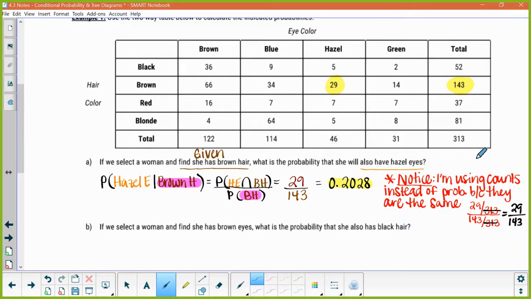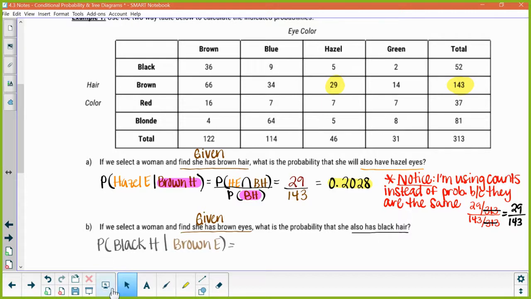So we have one conditional probability down. Now we're going to look at if we select a woman and find that she has brown eyes, what is the probability that she also has black hair? So we have a given statement. The given this time is that she has brown eyes, and we want to see if I change my sample space to be only women with brown eyes, what's the probability of me then selecting someone who has black hair?